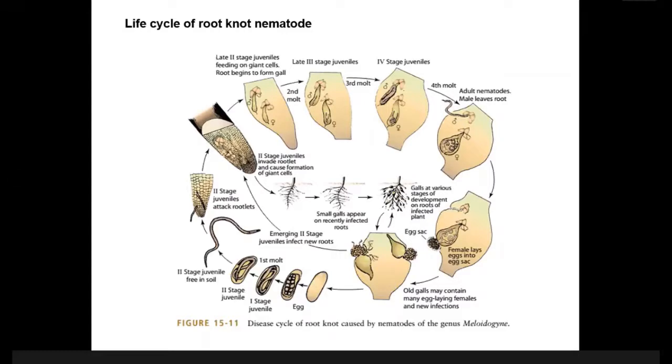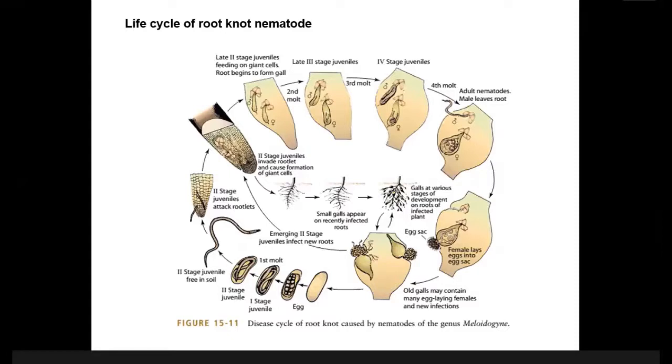This process we call hypertrophy, and uncontrolled cell division is called hyperplasia, right? Because of these two phenomena, the root tissue becomes swollen. The swelling of root tissue or root area occurs. We call it root knot or root gall or root tumor.